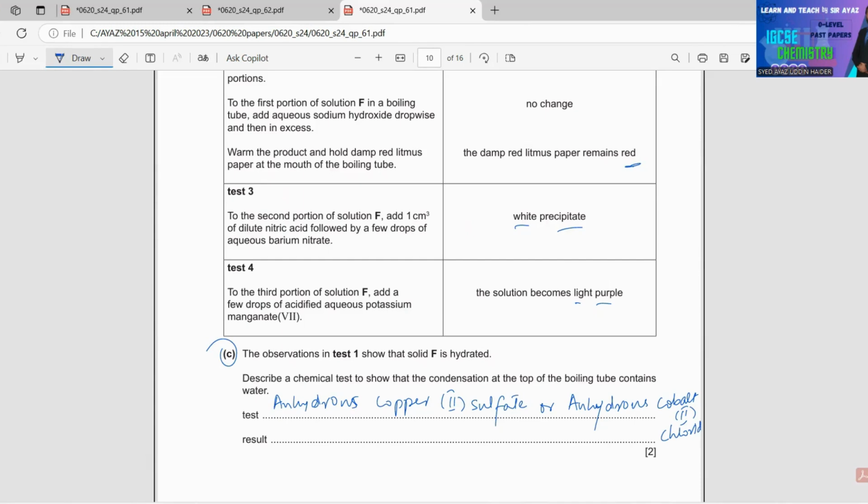Anhydrous copper 2 sulfate changes from white to blue if water is there. In the case of cobalt 2 chloride, it will turn blue to pink.